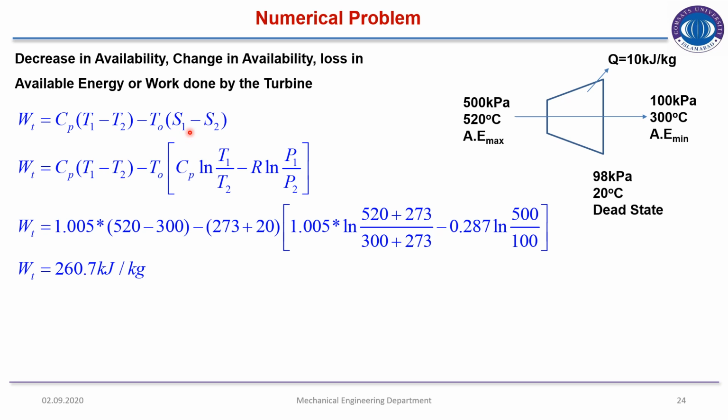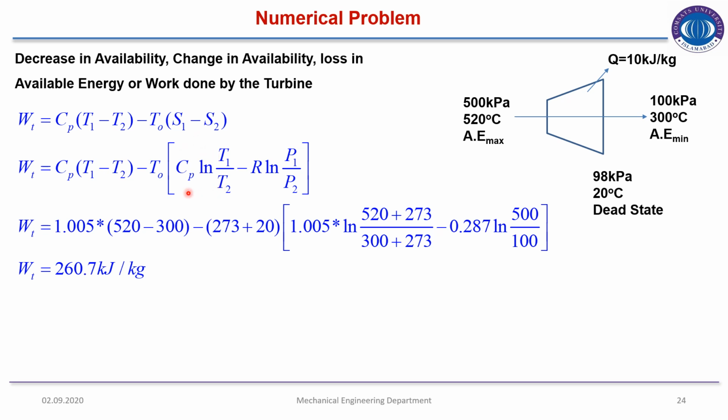So temperature and entropy values are given. Further, this relation for the change of entropy for air we have calculated in lecture 17 as well. So we already know how to calculate the change of entropy value.